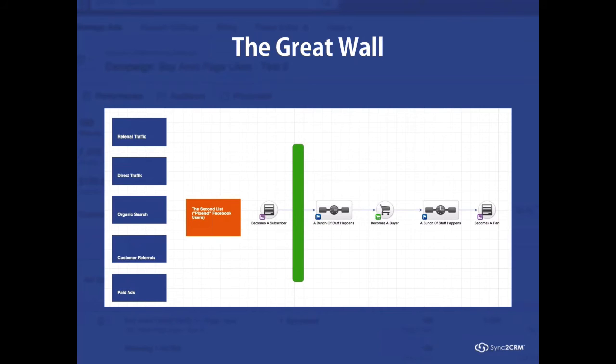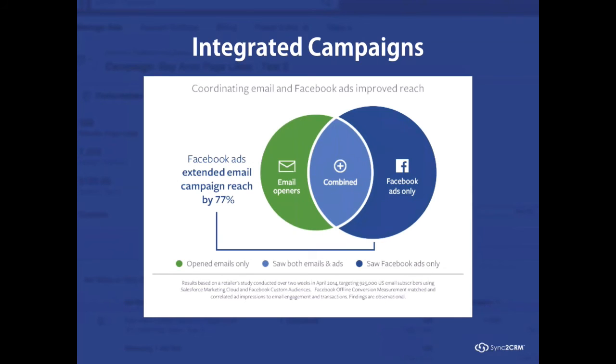Now, let me tell you why that makes absolutely no sense. Someone who sees both an ad and an email is 77% more likely to convert than someone who just sees one or the other. Now, this is like Ads 101. This is not a new idea. Big brands will run the same ad campaign across multiple mediums, like print and TV, radio, outdoor, digital, all at the same time.